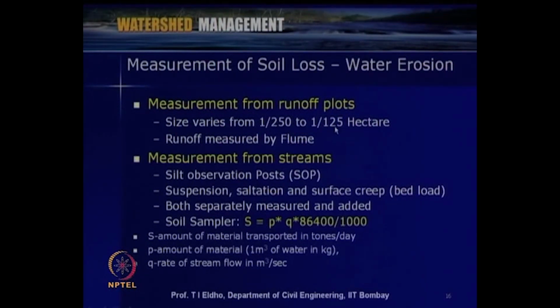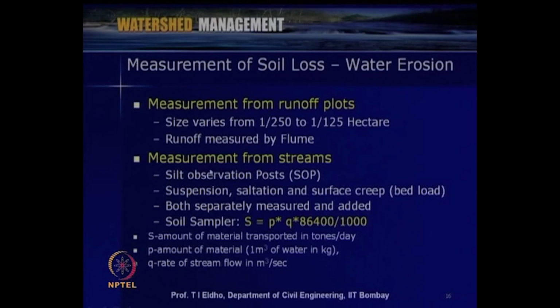We can conduct experiments in small runoff plots, like 1 by 250 to 1 by 125 hectare, and collect the water flowing over so that we can collect the sediments. The runoff can be measured by flume, and from that we can identify how much soil is eroded.